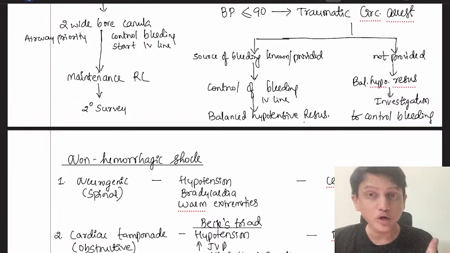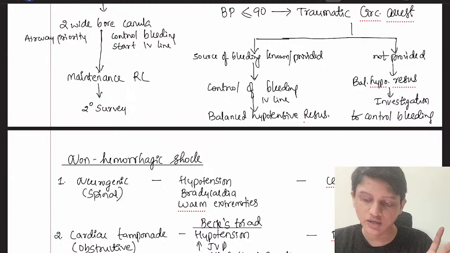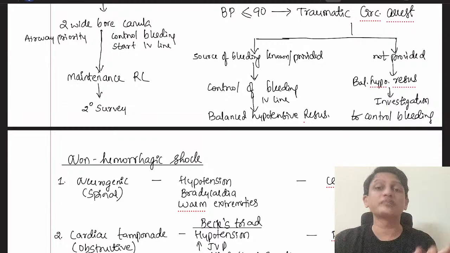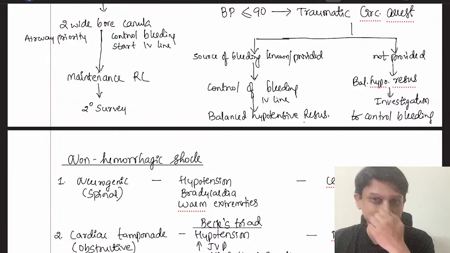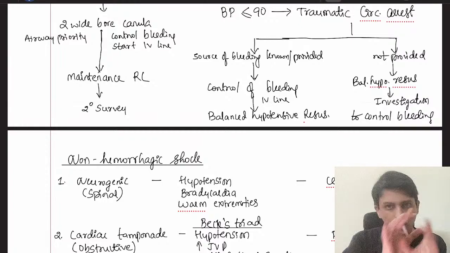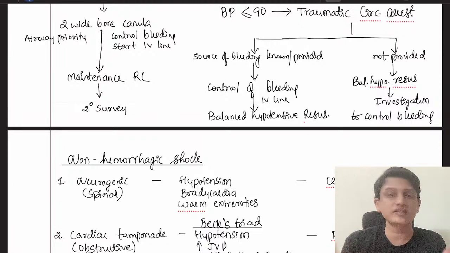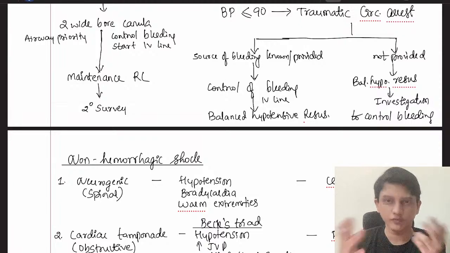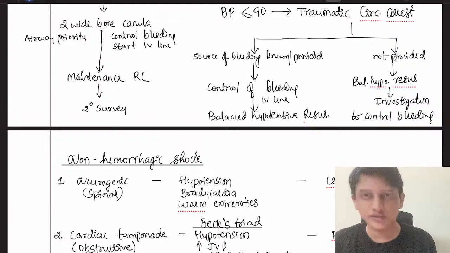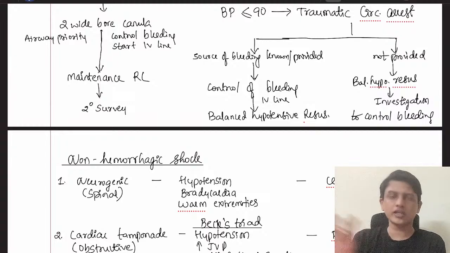But when it is not provided, and you don't know where it's bleeding, then you straight away start resuscitation, meaning balanced hypotensive resuscitation, then do some investigation to find where the bleeding is. You understood? When it's evident, you stop the bleeding and then give the IV fluids. But if it's not told where the bleeding is, internal bleeding is happening, features of shock are there, but I don't know where it is bleeding, then start the IV fluids and let them keep going.